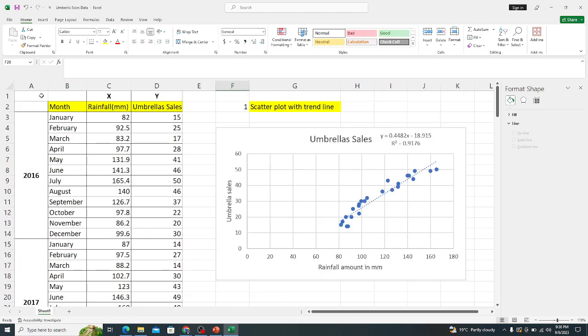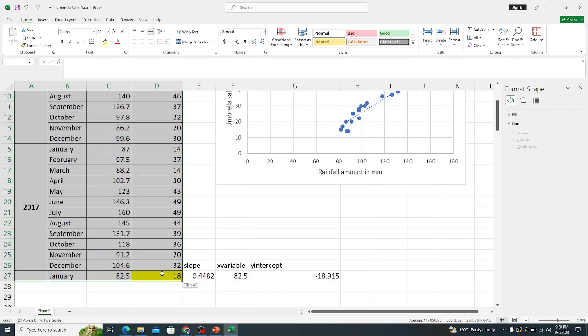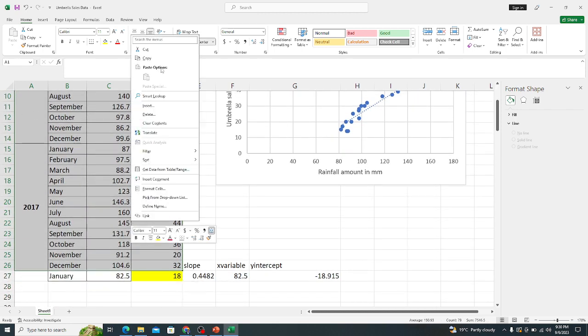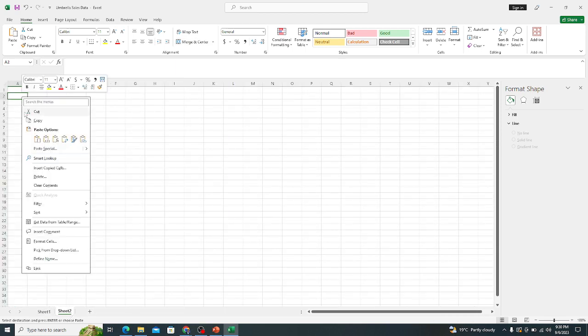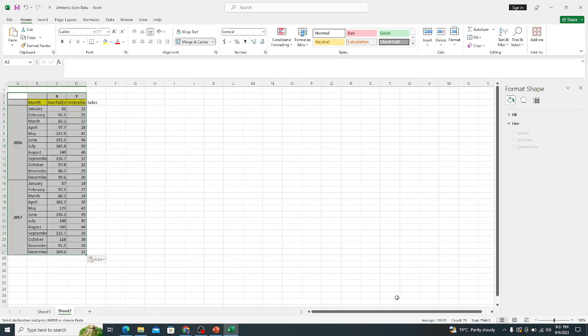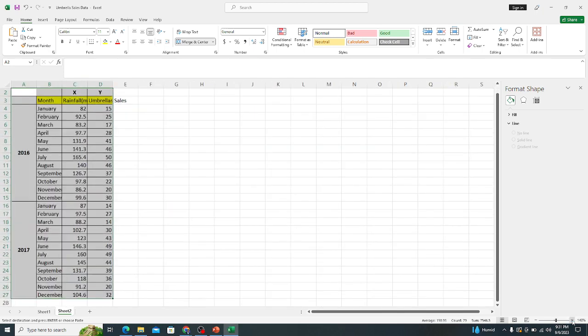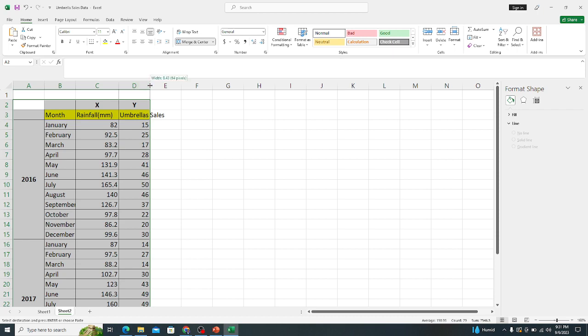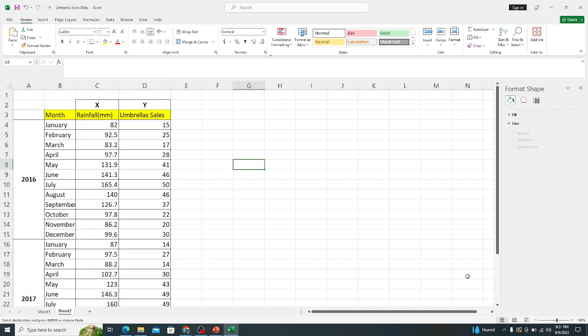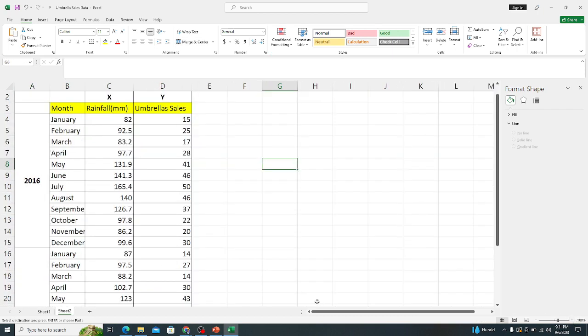Good. So I'm going to copy this data and paste it in a new sheet, so that we may not interfere with the first sheet's working. All right. Good.